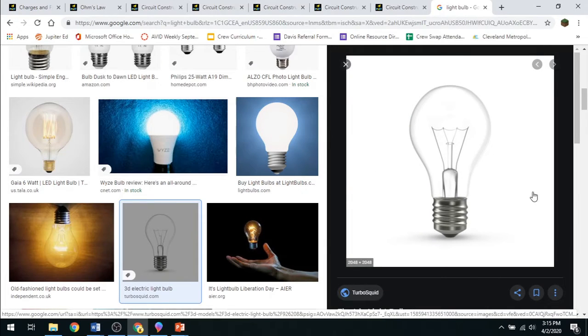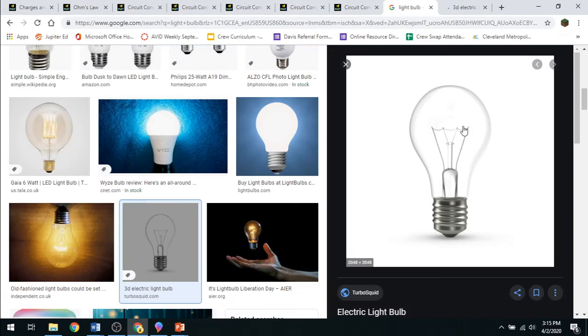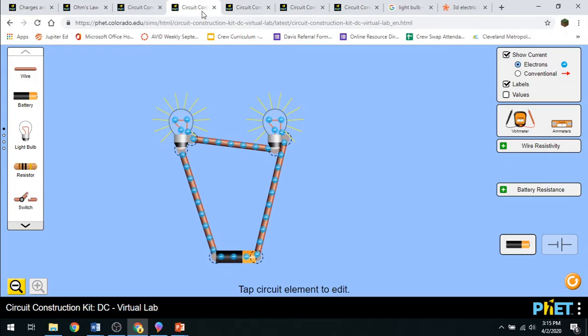And that's not the exact picture, but it'll work. And so if the little wire in there gets broken, or if we unscrewed a light bulb, which this program unfortunately doesn't let you do, then all of a sudden no electricity would flow.